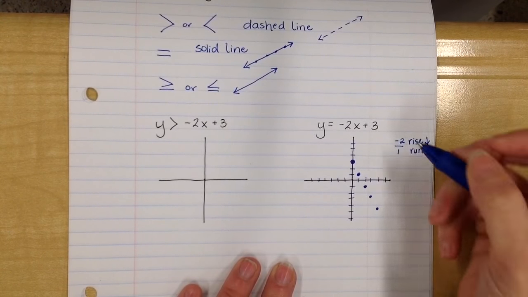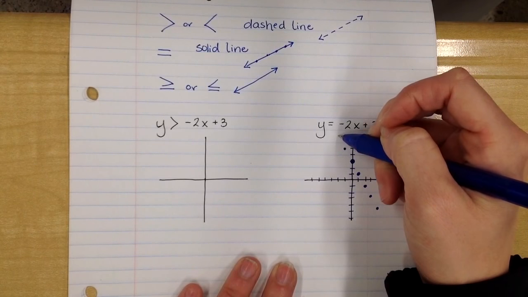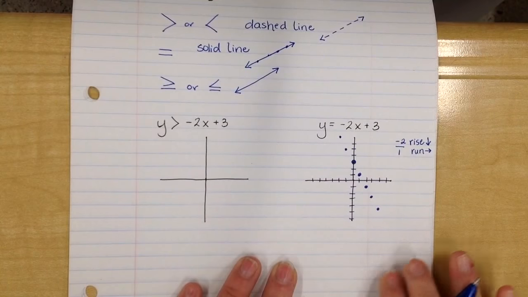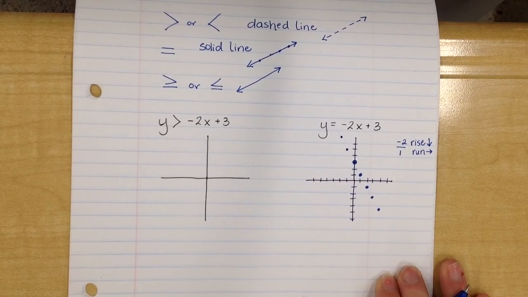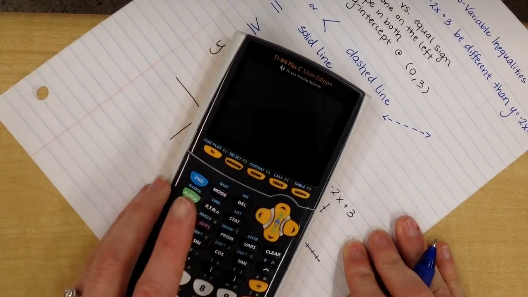And again, we're going to go in the opposite direction as well: up 2, left 1, up 2, left 1. So something right about there. I'm going to draw my connector. This is an equal sign, so I'm going to make it a solid line. So there we go. Excellent.